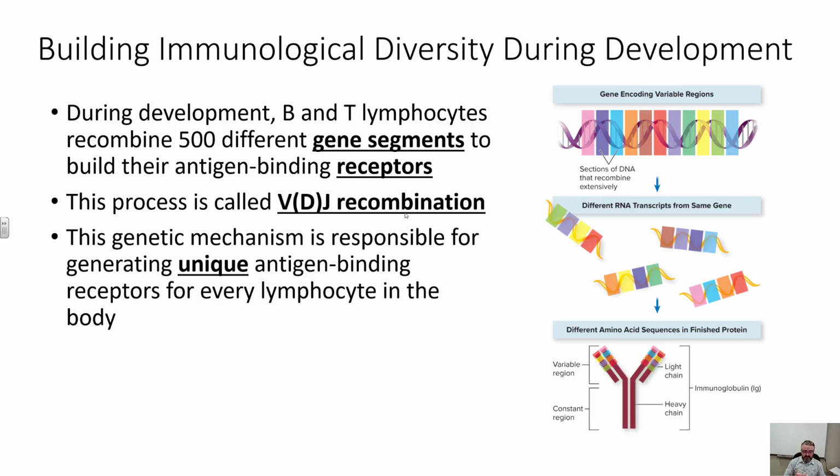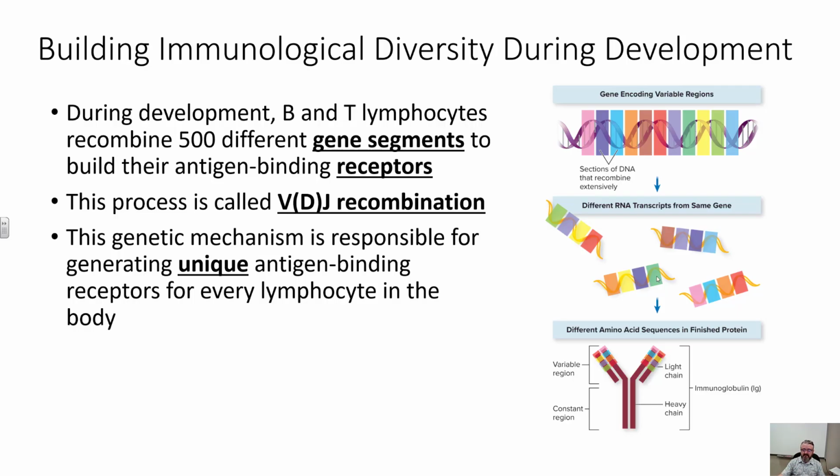Ultimately, what this does is it randomly scrambles these genes, all of which have specific configurations. But every time a receptor is built, the receptor is built from a random combination of different fragments, like taking different Lego blocks and assembling them in different combinations.